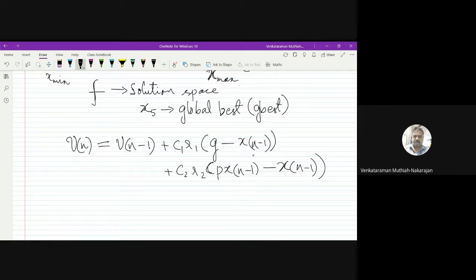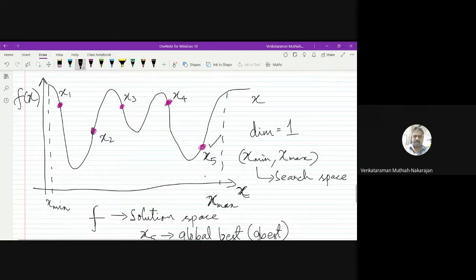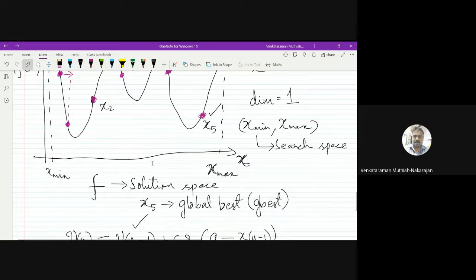Okay. What this line says is that we have a velocity term, and that velocity term has 3 components. This component is the previous velocity. Each of the particles is allowed to move within the search space, and if in the previous case x1 has moved from left to right and reached a better position, which it has, you allow the particle in the next iteration to move in the same direction.